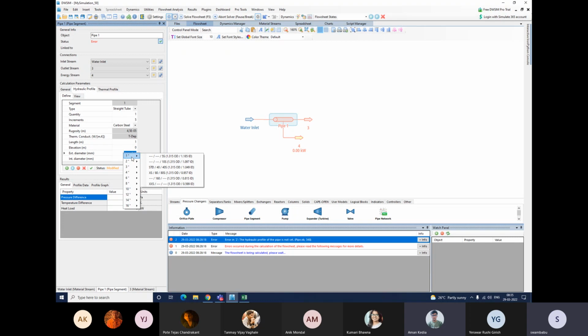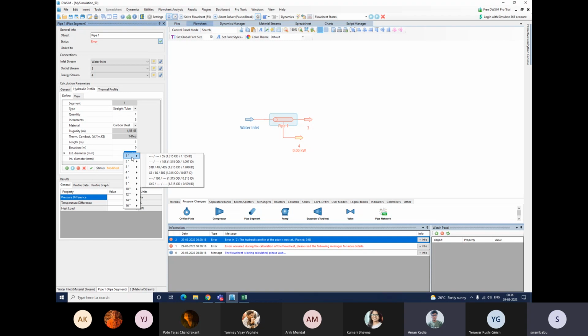The higher the schedule number, the lower the inside diameter, because the thickness increases. So 5S will have 1.185 inside diameter, 10S will have 1.097, 40S will have 1.049.